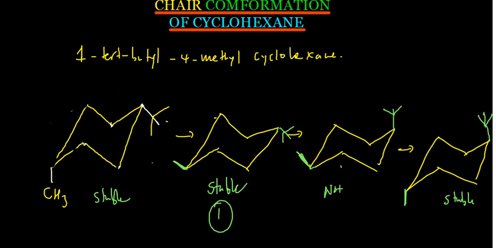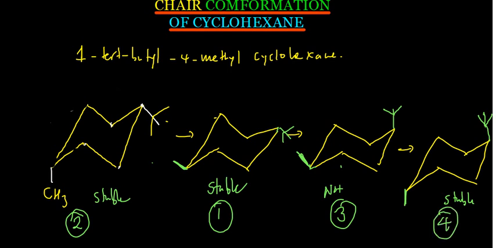So meaning that this is going to be the next stable. And then the next stable, you are going to have the smaller group in the equatorial, and then the bigger group in the axial. So this is going to be the third. And then the least stable, you are going to have both bonds being in the axial. So this is going to be the least stable.